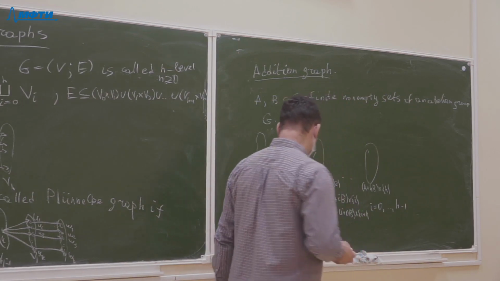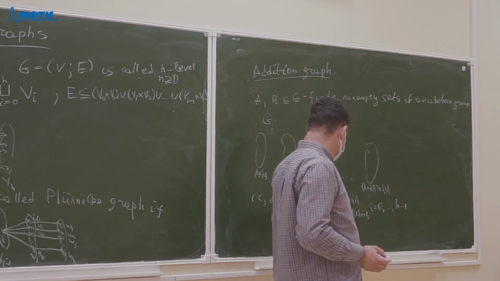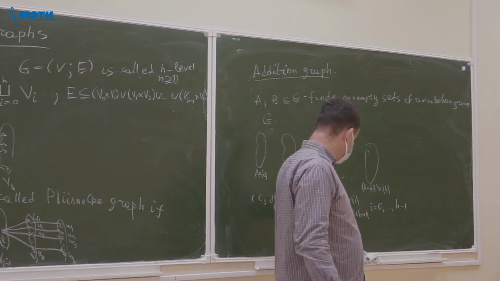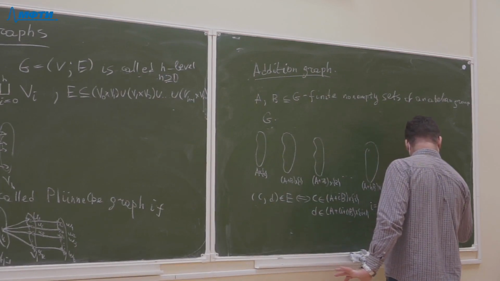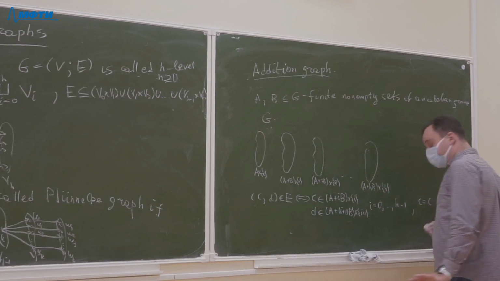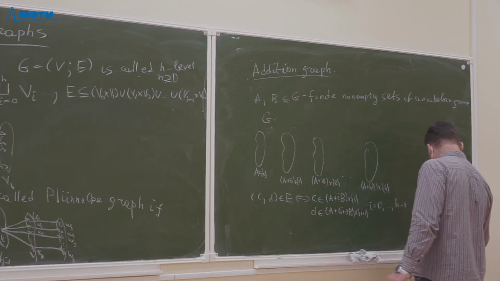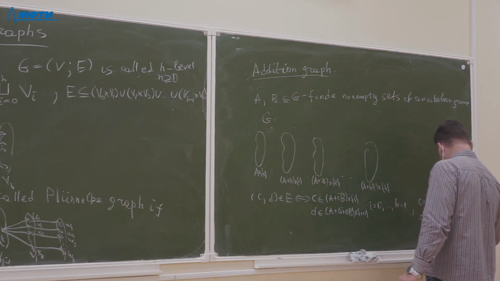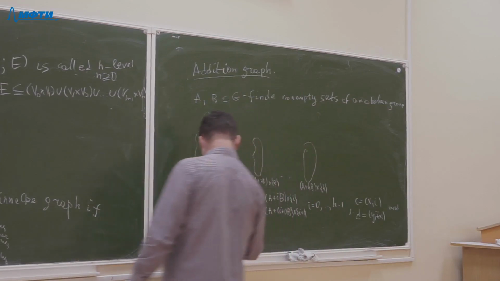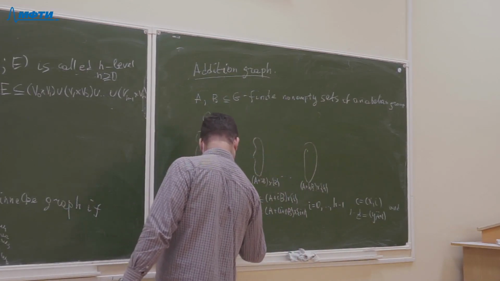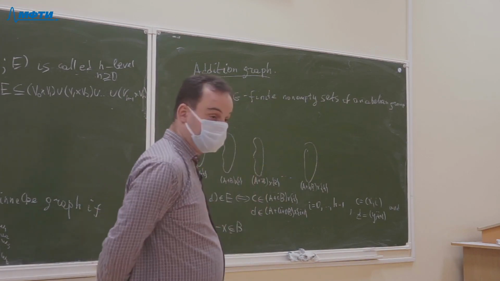And not only this, but also, if the pair C is (x, i) and D is (y, i plus 1), then the difference of these two, y minus x, belongs to B. These are the edges of this graph.